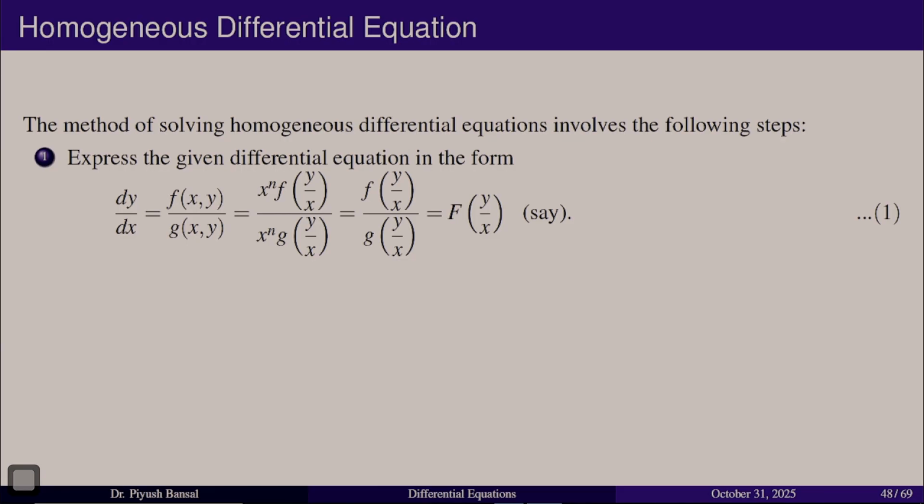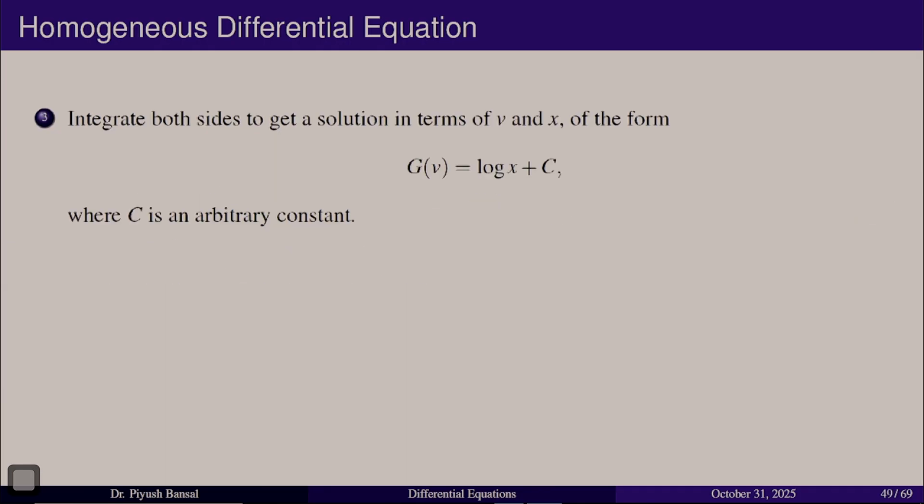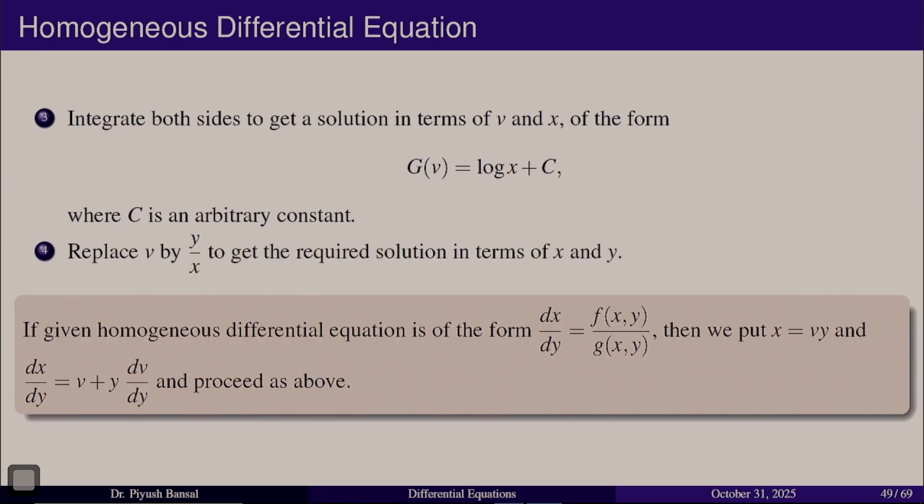Once the representation is there, you put y = vx and this will reduce it to a separable differential equation, which was the first case, and we simply integrate on both sides to get the solution, and finally, we replace v with y/x to obtain the final solution of the given differential equation.